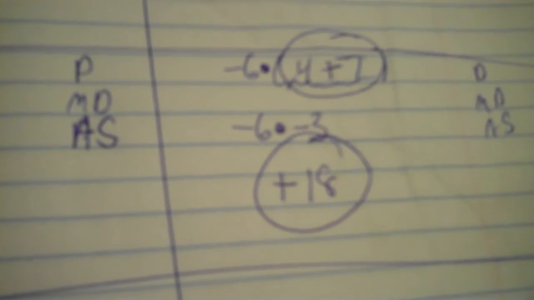So I'm at 4. If I'm adding -7, I go 7 units to the left. 1, 2, 3, 4, 5, 6, 7. That takes me to -3. So negative 6 times negative 3. Negative times a negative is a positive, and 6 times 3 is 18.